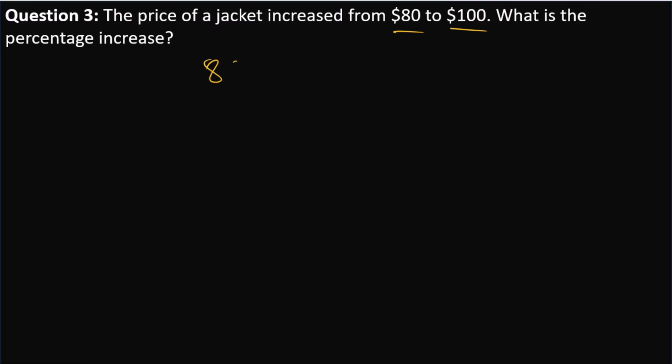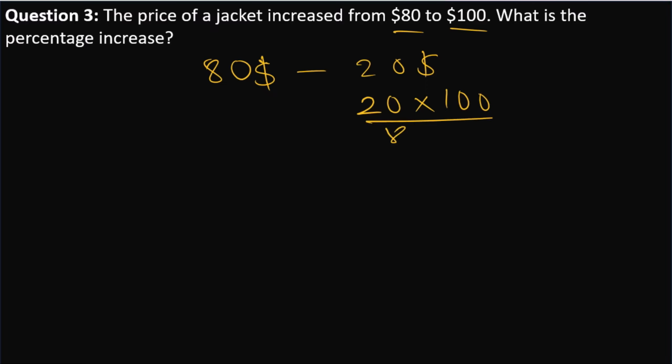So here, with $80, the price has been increased by $20. So we need to find the value when the price will be $100. So here 20 times 100 over 80, and we need to select percent.